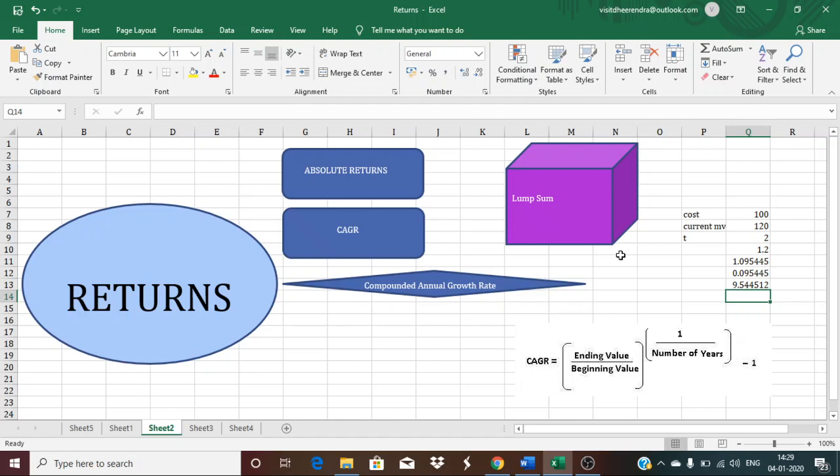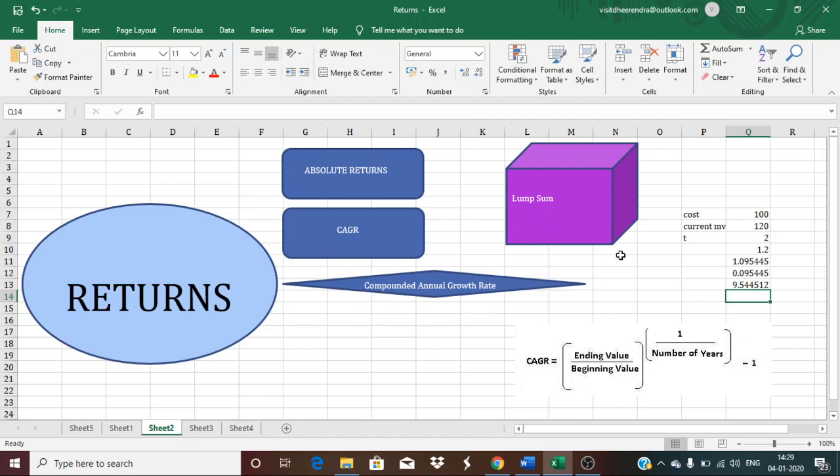Suppose I am telling you an example. Suppose I am having an SIP for 300 months. Now the first month SIP amount will be in the market for 300 months. But the second SIP investment I will be making after 1 month, so it will be in the market only for 299 months. Similarly, the third month SIP amount will be in the market only for 298 months.